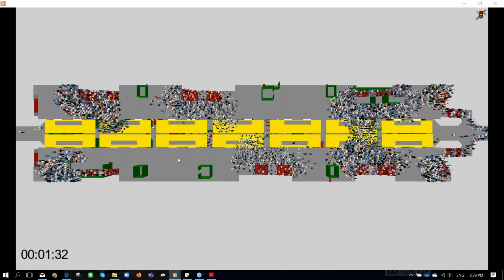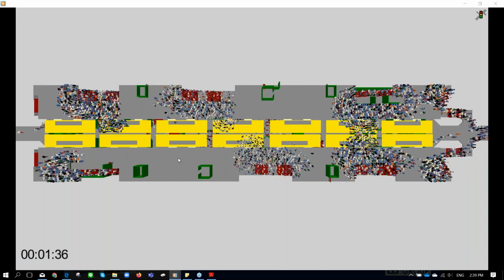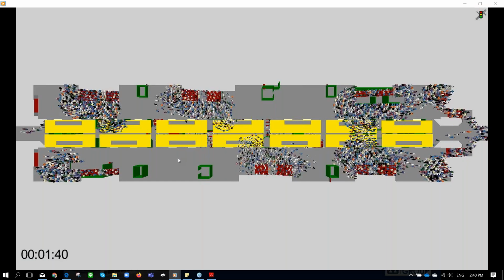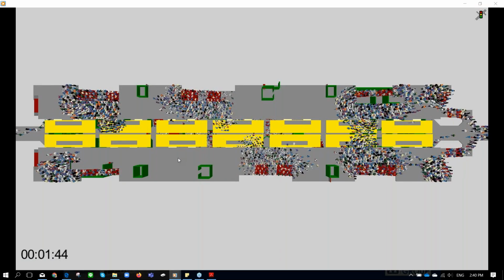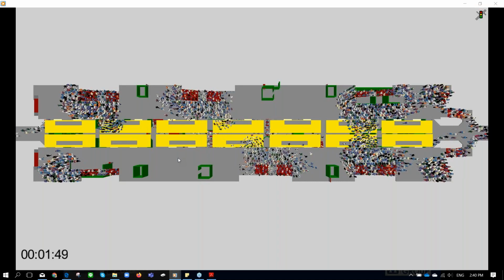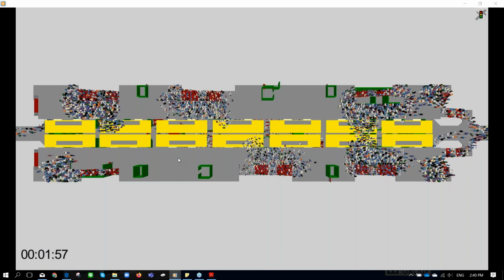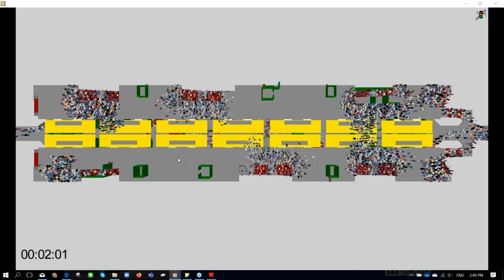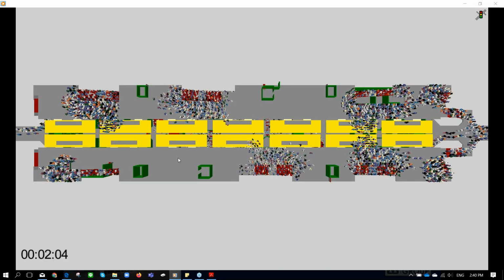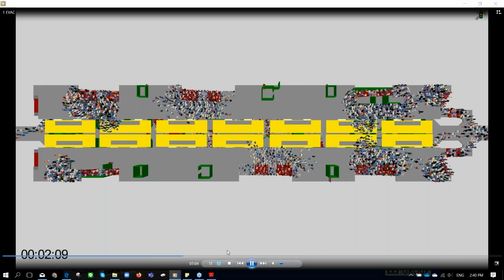But if someone is standing between, they can choose either the left or the right. In our software PTV Viswalk, you can do both randomly, or you can assign that a passenger prefers to use any specific route. You can do both.